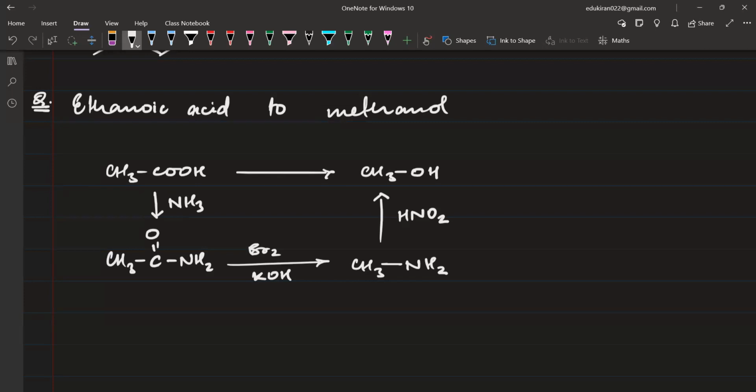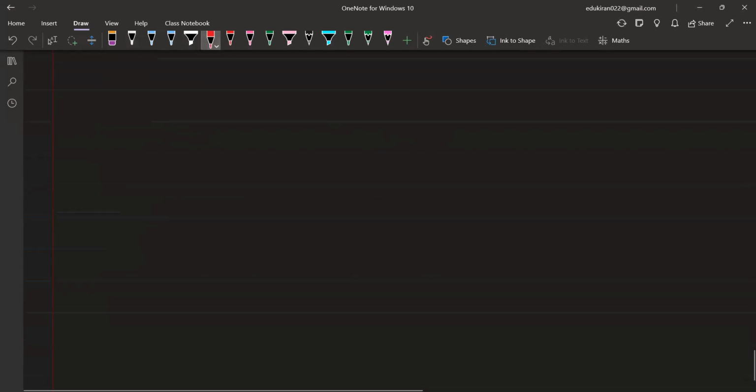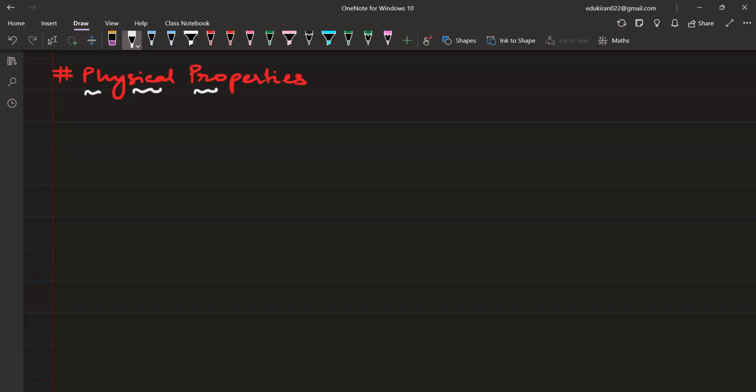Right, next, physical properties. Now, in physical properties, let us look at the different types of amines that we have. एक होता है आपके पास RNH2, that is 1 degree.